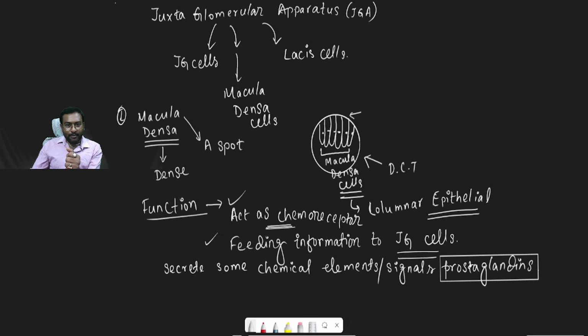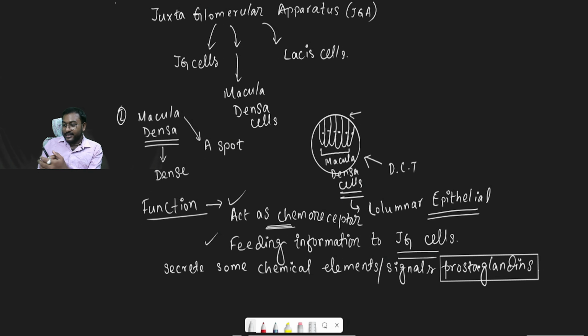Mainly, what will happen during this time when prostaglandin is secreted or released by the action of the macula densa cell, or chemical signals, then it will give information to the JG cell, the juxtaglomerular cell.